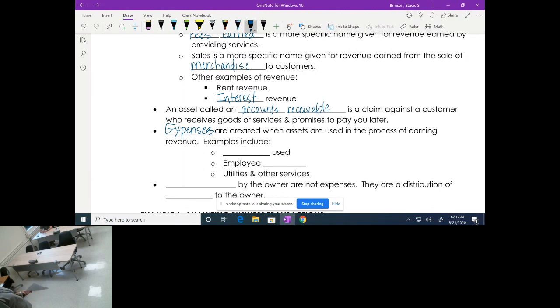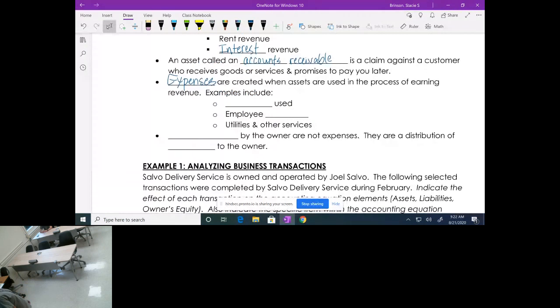It kind of sounds weird. But as your people are working for you, the wages that you're paying them are expenses too. So it's kind of saying that assets are used. But you don't want to necessarily call your people assets. You know what I'm saying? It just kind of sounds funny to me. Maybe not. All right. Whoa. What have I done?